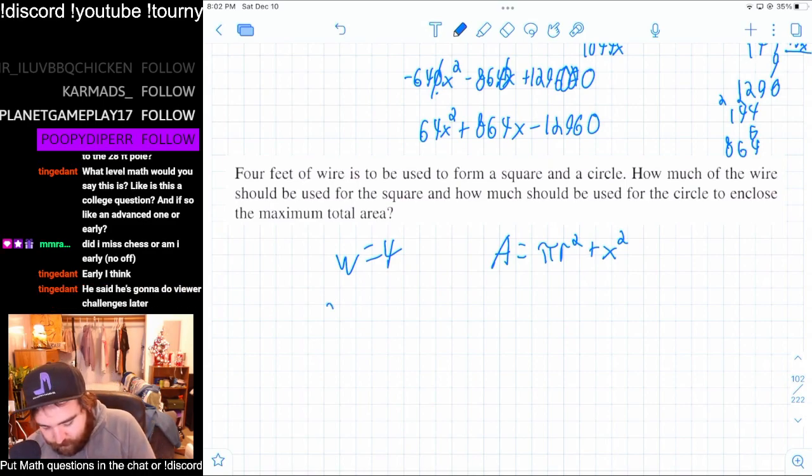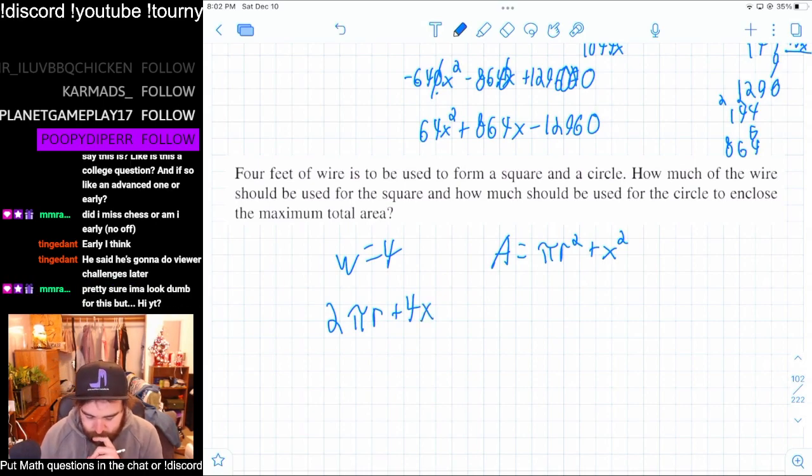So we know that the circumference of the circle, 2 pi r, plus the perimeter of the square, 4x, has to equal 4, because that's the length of the wire. So now I'm going to solve that for x. Or for r, but I'll solve it for x.